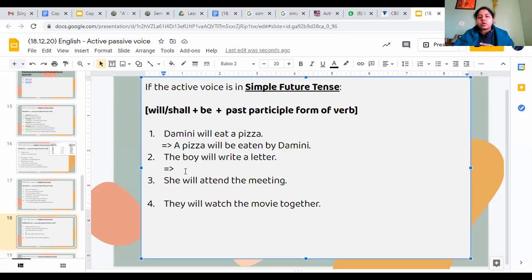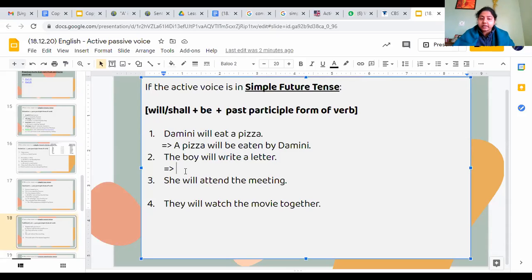Because if the focus is on pizza rather than Damini, then we will write in passive voice. Some of you have written a letter will be written by him.